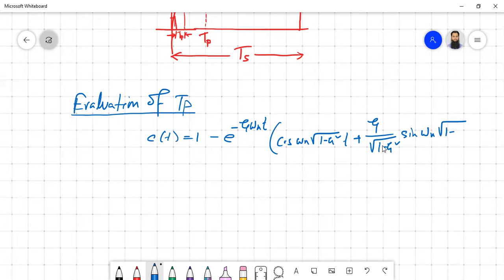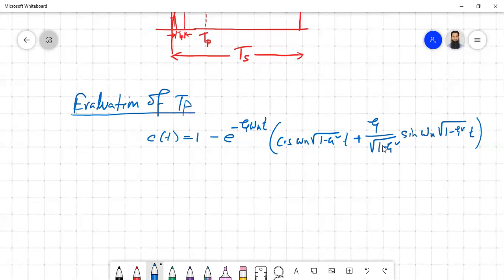This is the equation that we get as the response equation. To find the TP, we need to find the condition for the maximum value of the response.